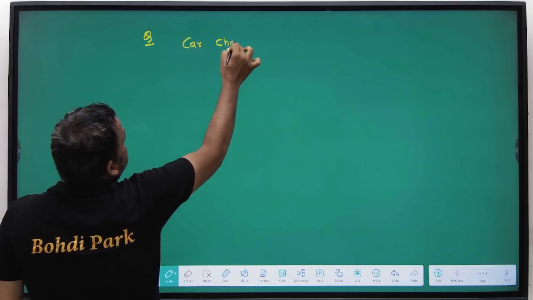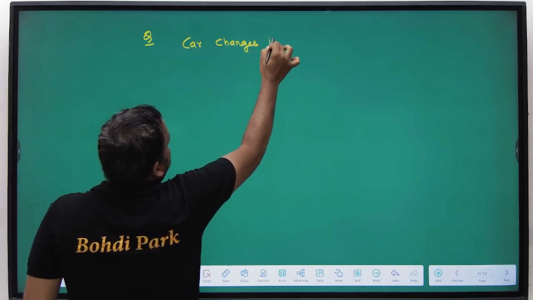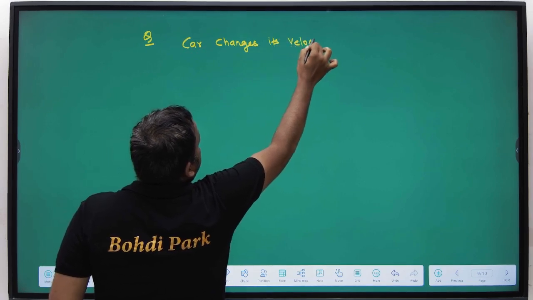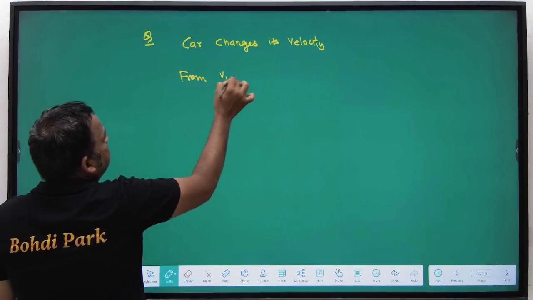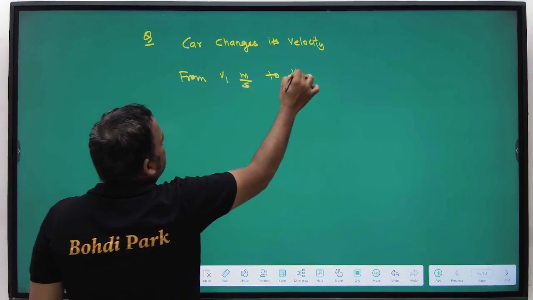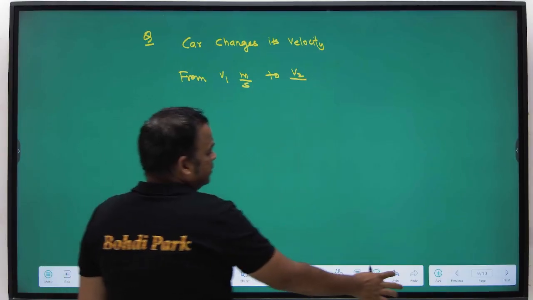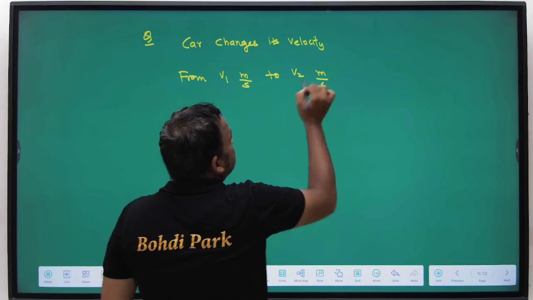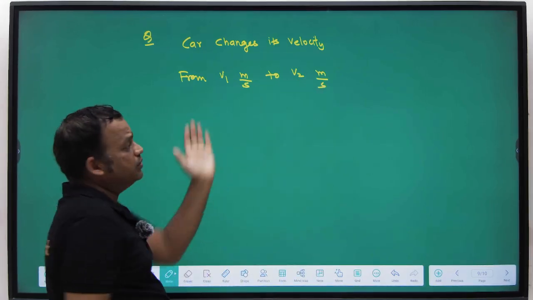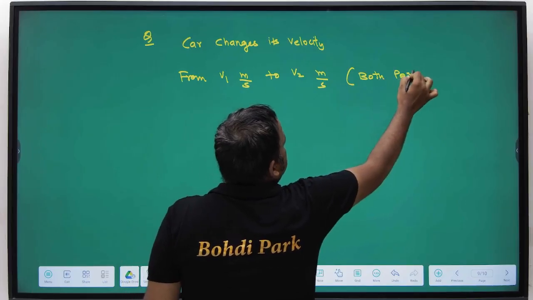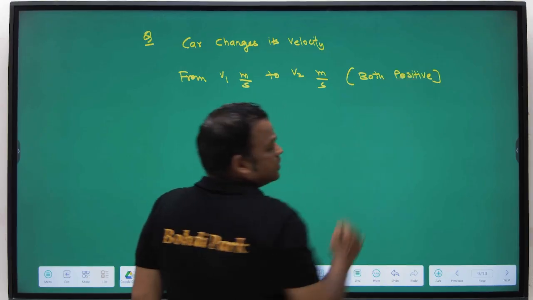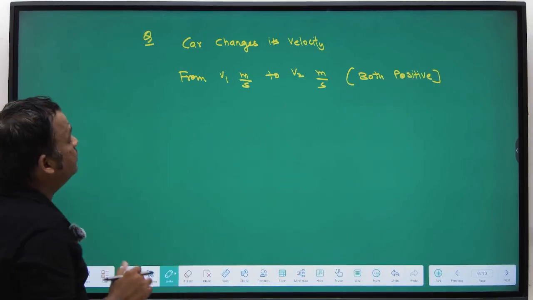A car changes its velocity from v1 meter per second to v2 meter per second. We assume that both are positive. Both positive means the particle is going rightward. It is assumed in the question itself.